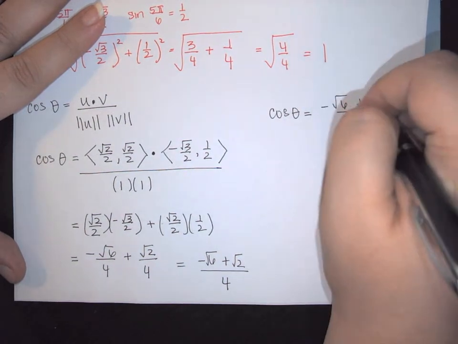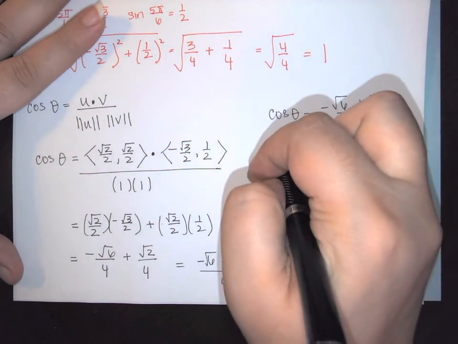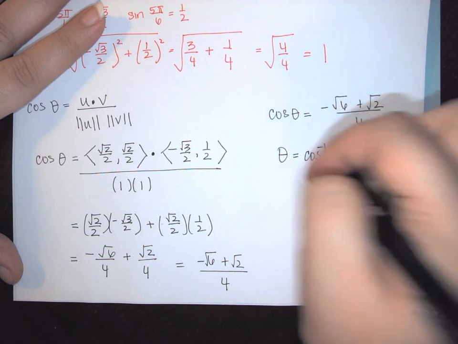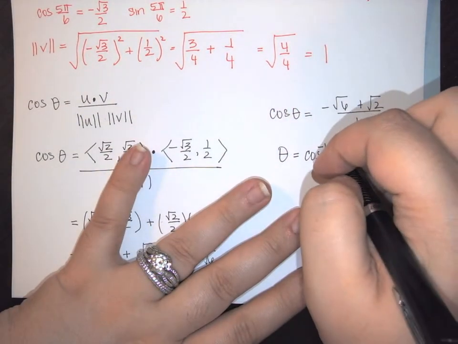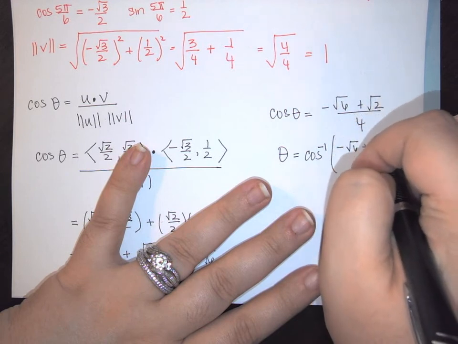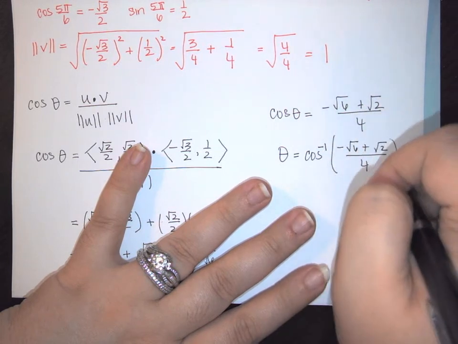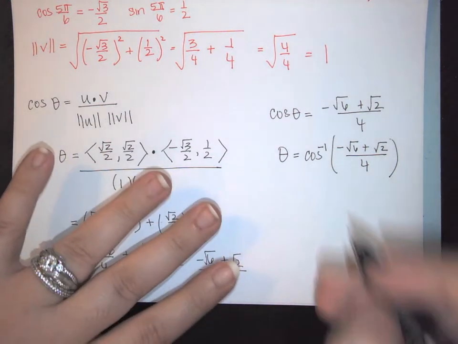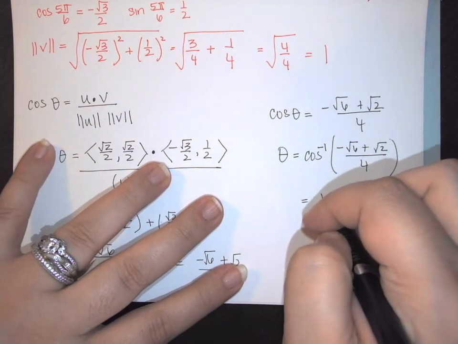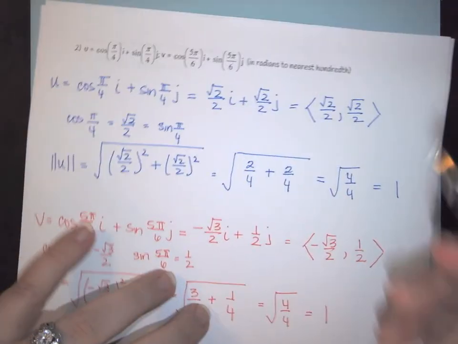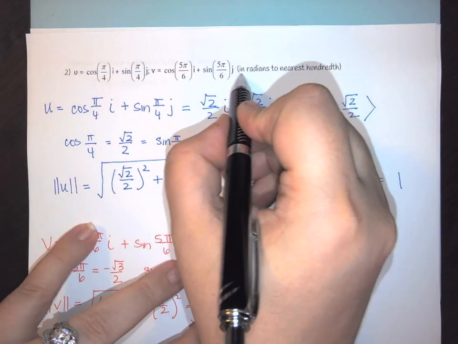To find my angle, I have to take the inverse cosine of negative square root of 6 plus the square root of 2 all over 4. And in doing so, when you plug it in, you're going to come out with 105 degrees. Now, how do I know if I can leave it here or not? Notice the term in the front says in radians.